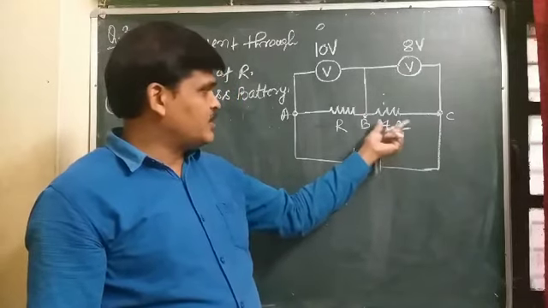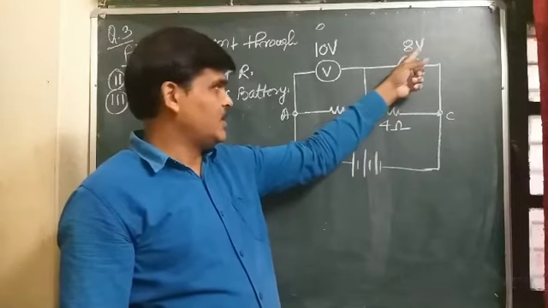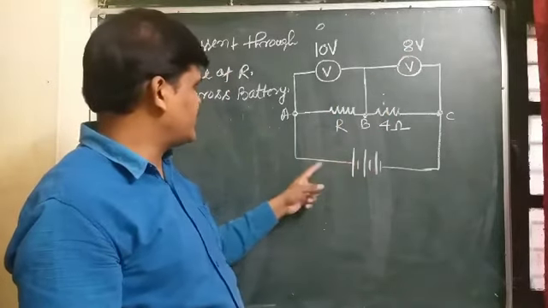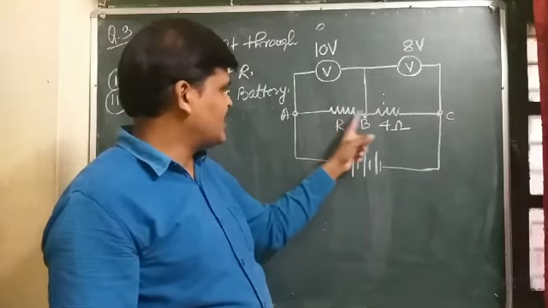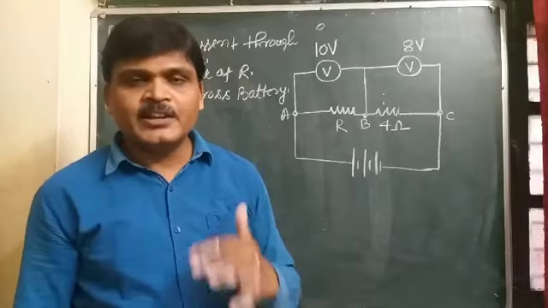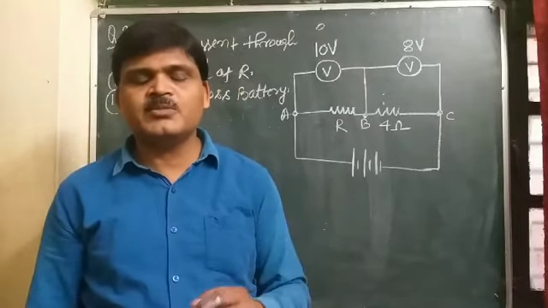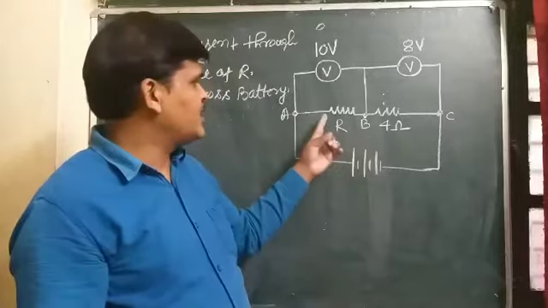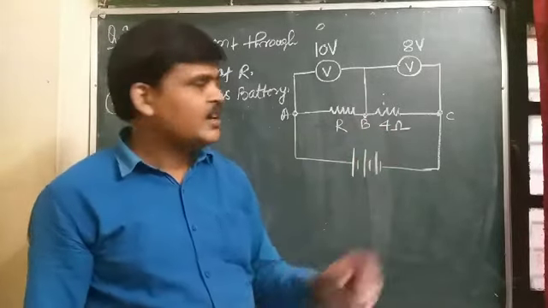From A, B, C, R and 4 ohm are connected in series. And you know that in a series combination, the current across each resistor is the same. So here R and 4 ohm are connected in series.